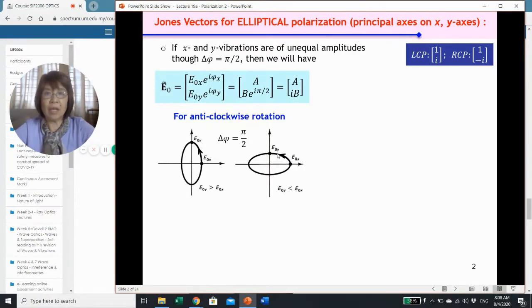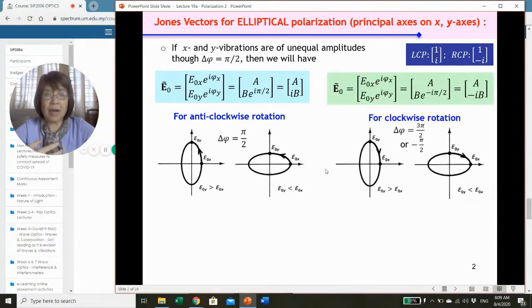This is how it looks when A is smaller than B, or when A is larger than B. In this case, you will get an anti-clockwise rotation. So this would be left elliptical polarization.